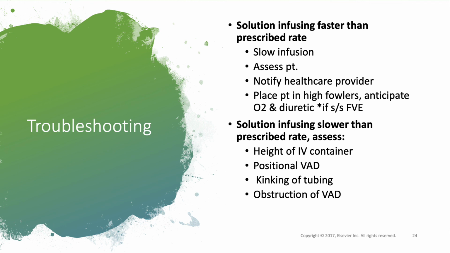So we would get a pre-filled saline syringe, and we would try to flush it. And if it doesn't flush without resistance, then there may be an obstruction going on. So it may need to be removed at that point. You would have to start another IV if it's obstructed.